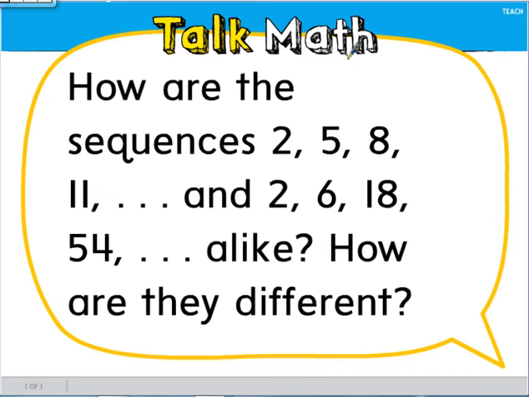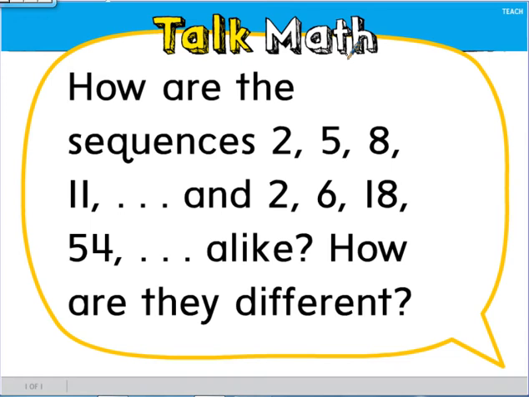I will let you in on a little hint. I told you the first thing we're going to look for in the patterns is one of two things, in order to tell if we're going to add and multiply or subtract and divide. What is it that we're looking for? We're adding 3. So what's happening to the numbers?